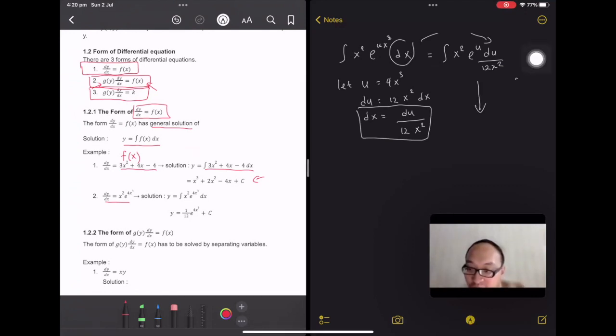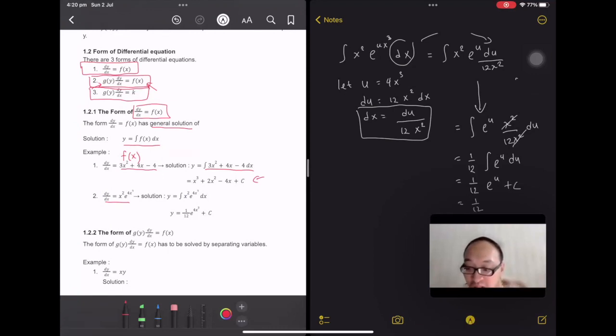Then it can be simplified to the integral of e to the u, and we have x squared over 12x squared du. We can cancel the x squared. So we have 1 over 12 times the integral of e to the u du. The integral of e to the power of u is e to the power of u, which stays the same, plus c.